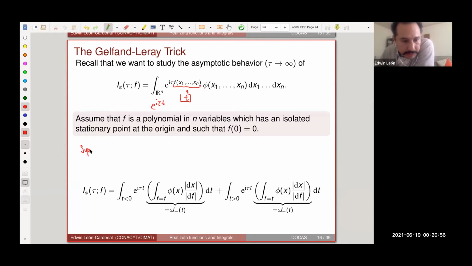I'm going to suppose that the support of phi is small enough such that in the region we can make this change of variables.